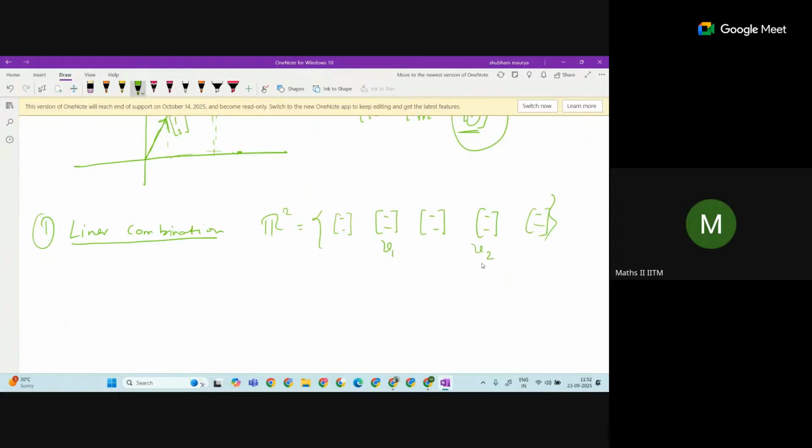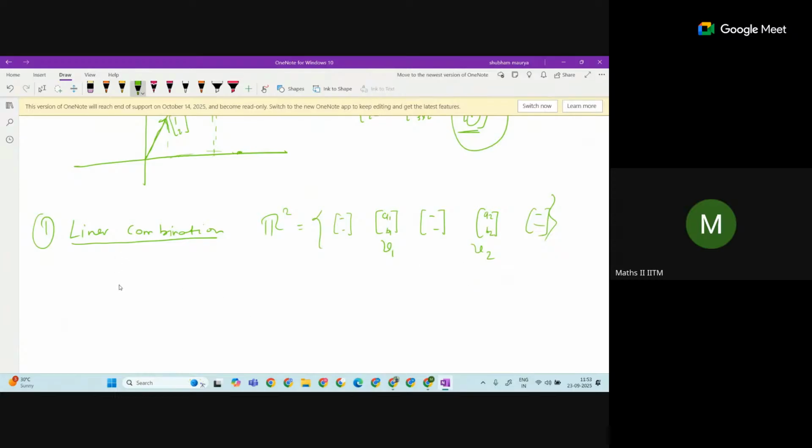Let's say this is my v1, and this is my v2. Let's say a1, b1, and a2, b2. I'm taking two vectors v1 and v2 randomly.